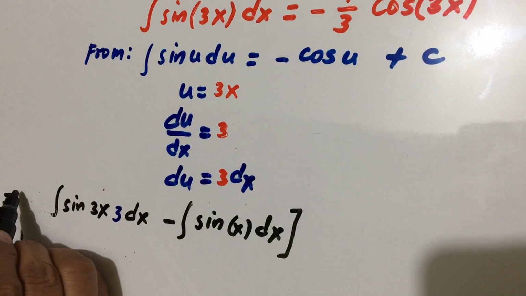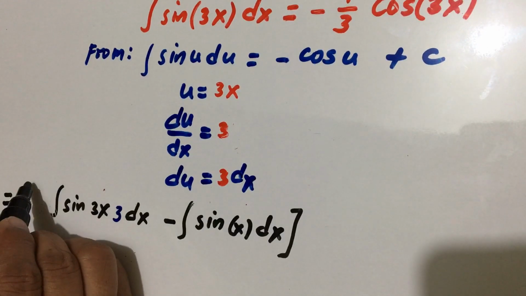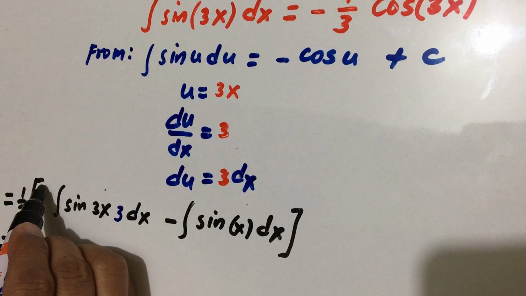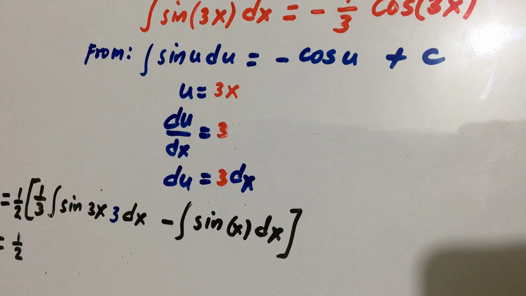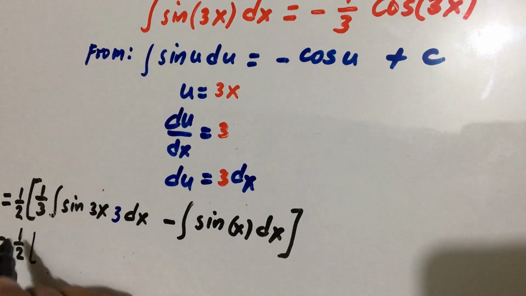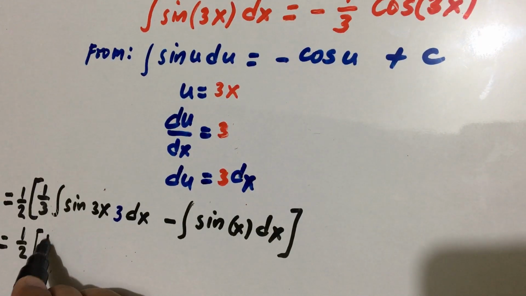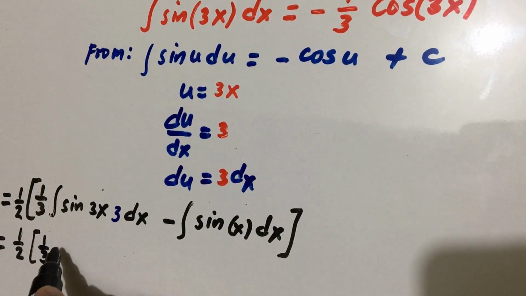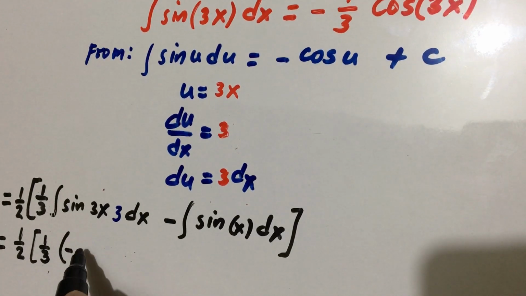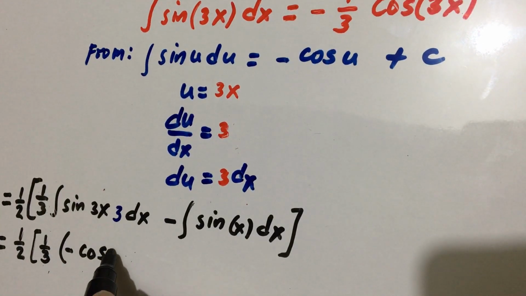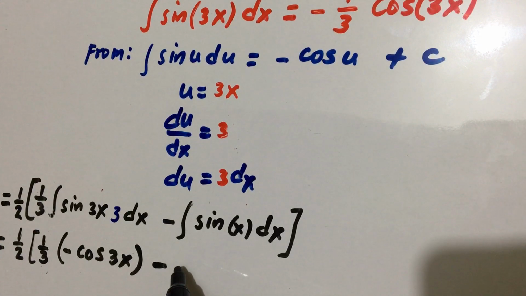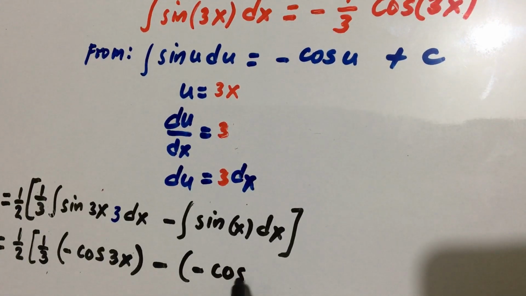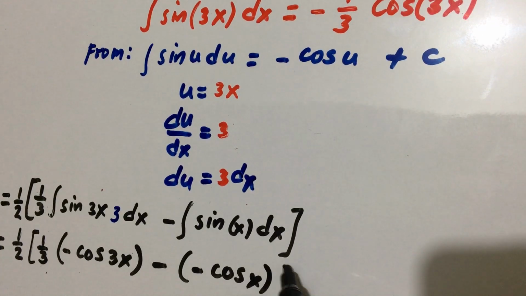So we have 1/2 here, then you have the bracket, then you have here the 1/3. So 1/2 times, you can now apply the formula. So we have here 1/3 multiplied by the integral of this, which is minus cosine 3x, then minus the integral of this; the integral of sine is minus cosine, so minus cosine x. Okay, then plus the constant of integration.